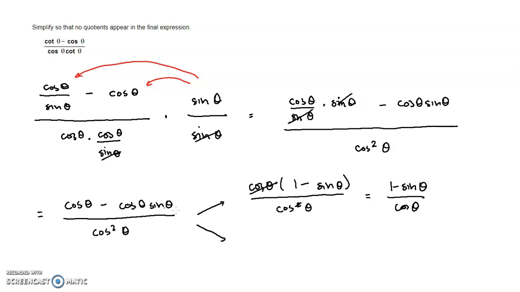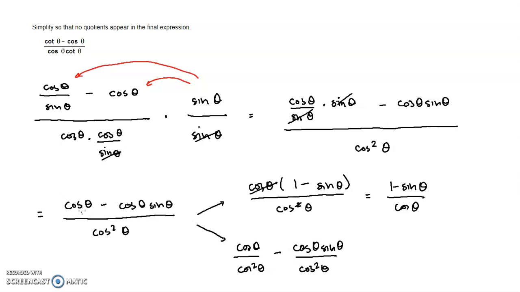So that works. The other way that you can think of this is you can cancel a cosine with every term. So it's like the opposite of getting a common denominator. So you would have cosine theta, and I wouldn't normally write this out, but I want you to see why I can cancel this. So this is like the reverse of getting a common denominator.